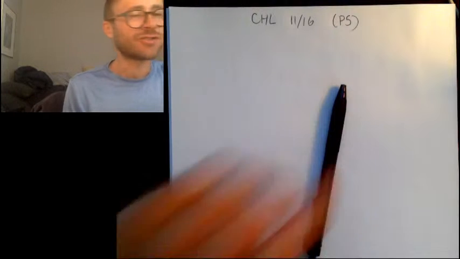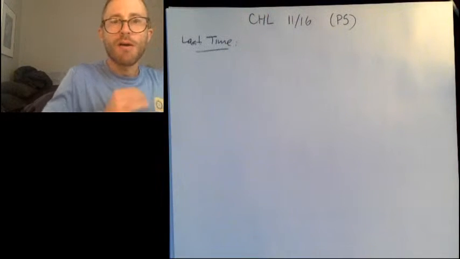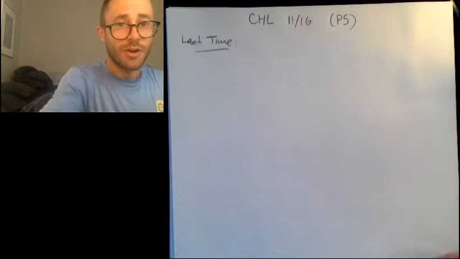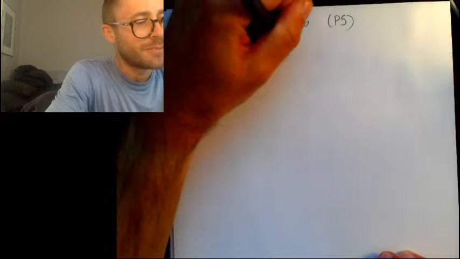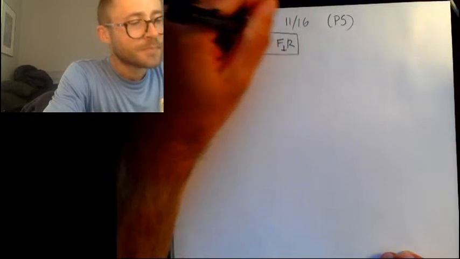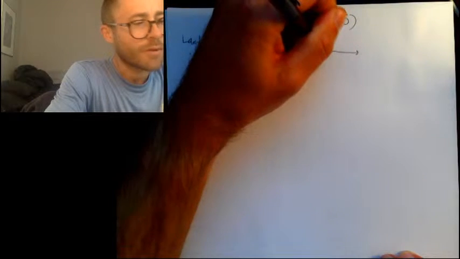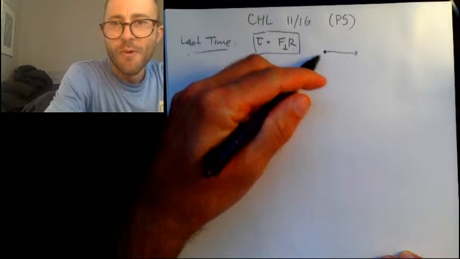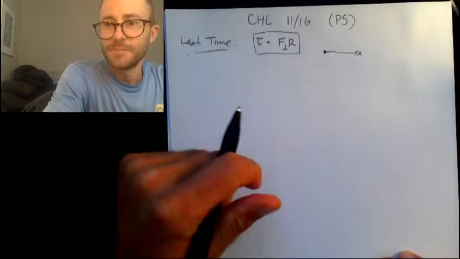So, last time, we talked about torque. Torque is equal to F perp times R, where R is the distance from the pivot point to the location where the force is applied.